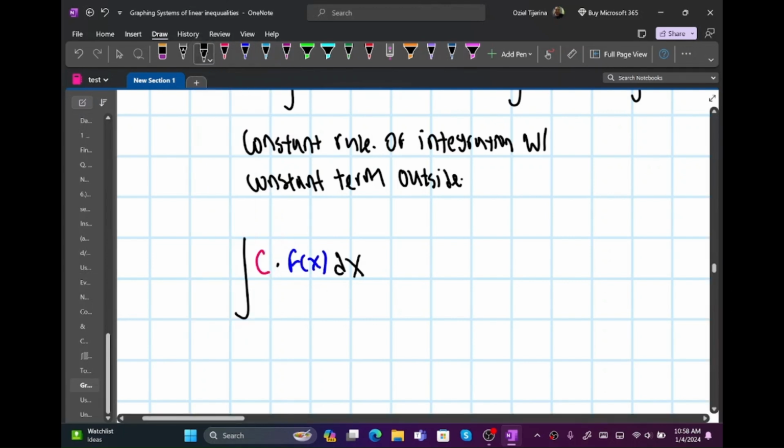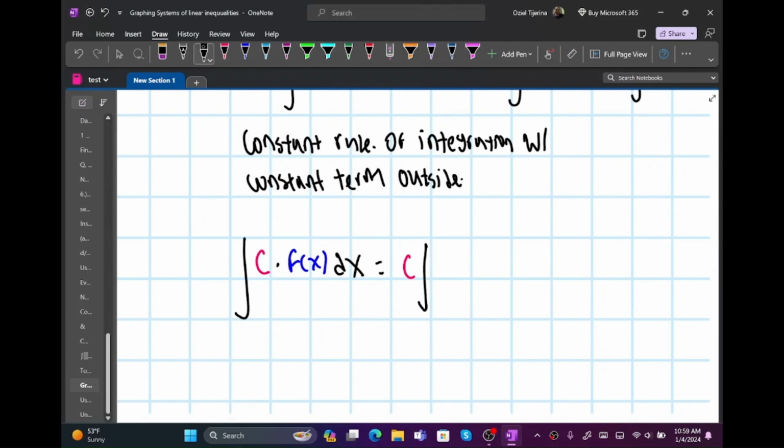This is going to equal the constant c times the integral of f of x dx. So it's basically meaning that we would take the constant out.